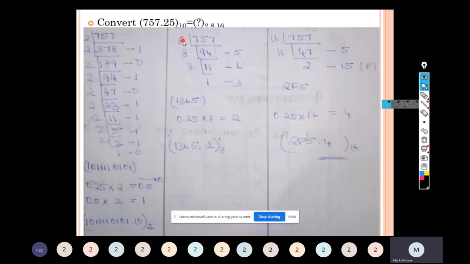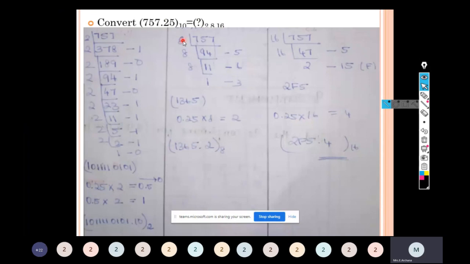Like this, whatever the conversion may be, if it is any radix to decimal, the problem belongs to any radix. Any radix means 2, 3, 4, 5, 6. Any radix to decimal means we have to find the weightage of each and every individual bit. How do we find the weightage?